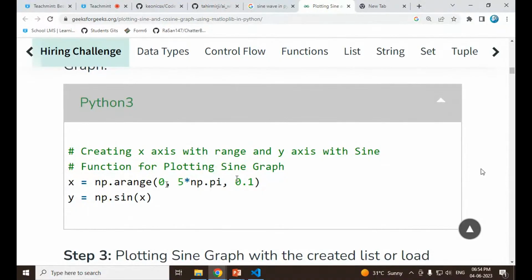Same thing. 0, 8 was there, remove that 8 in the copied program. 5 multiplied with np.pi, 0.1, that is the x value, and the y value is np.sin of x. So giving those x values, all the values to be plotted in terms of sine. And at last, you are ready with the sine values and the values that you are plotting.